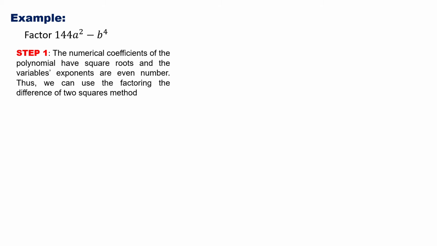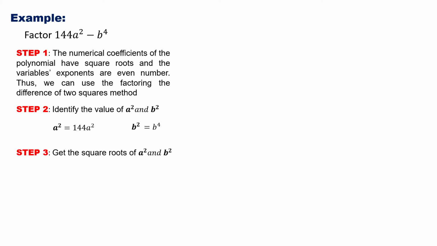Thus, we can use the factoring method of factoring the difference of two squares. Now, let us identify the values of a squared and b squared. a squared is 144a squared, and b squared is b raised to the power of 4.